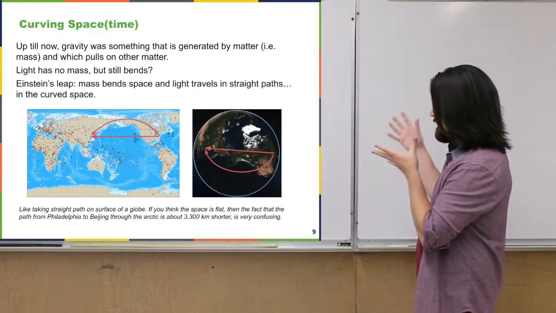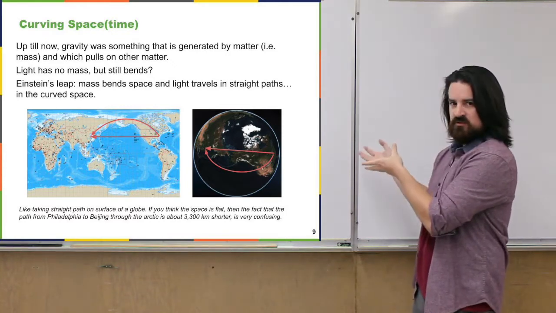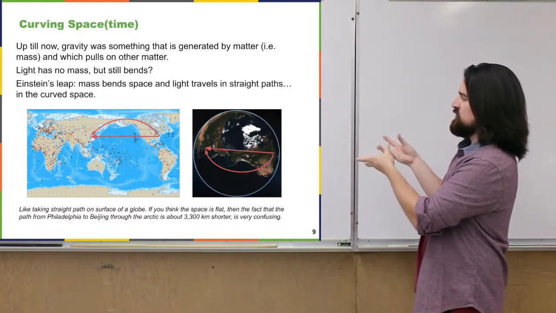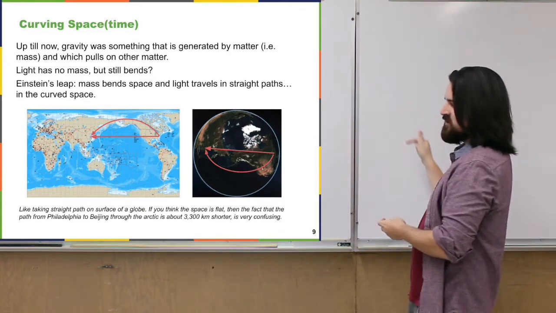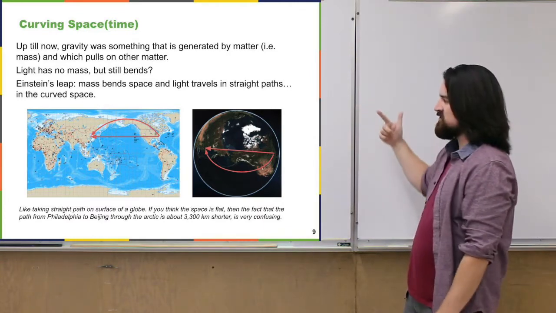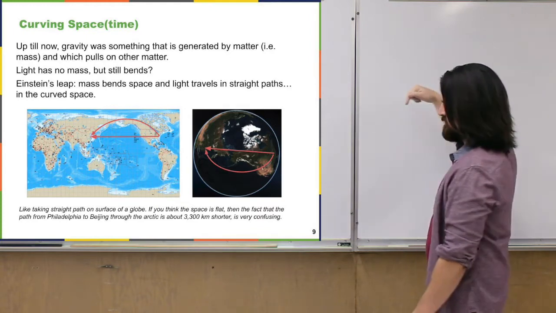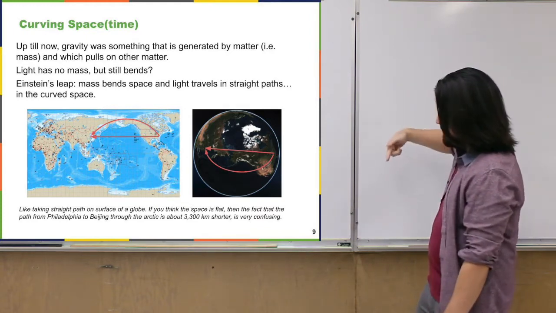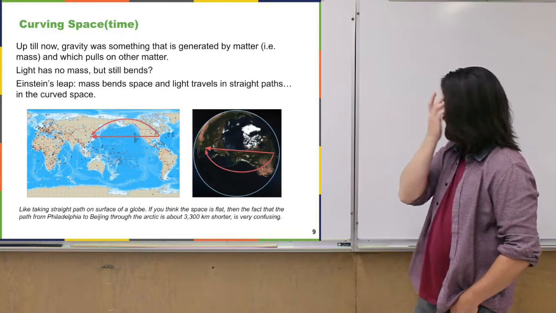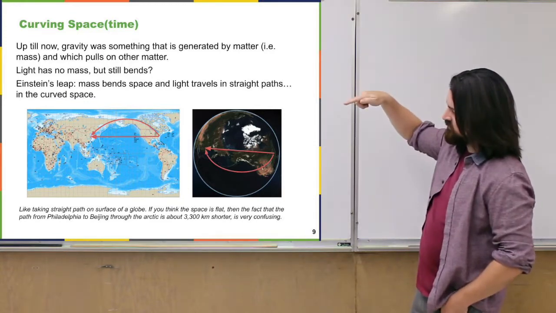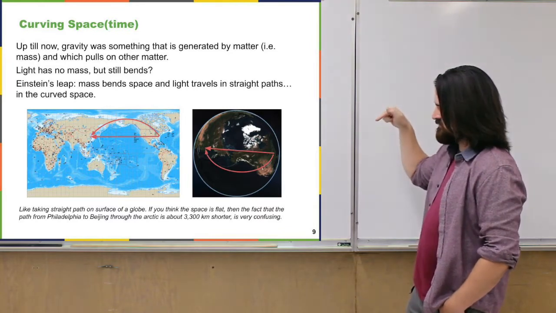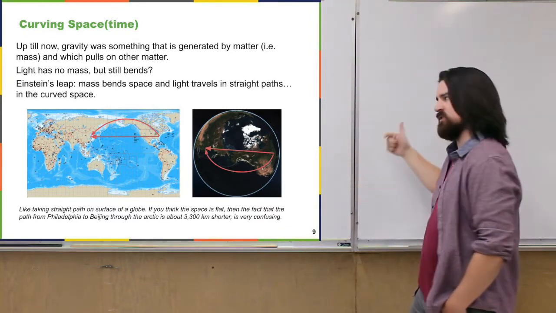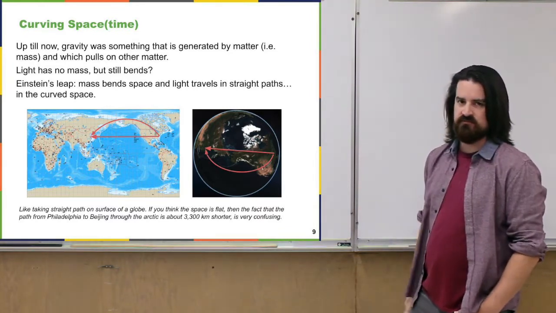However, if we realize that the Earth is a globe, a sphere, and we look at the sphere and draw that path on the sphere, it turns out it is a straight path, a path that doesn't alter its direction as it moves, versus the one that went through the Pacific, which is constantly turning. In fact, the path over Canada and Alaska is about 3,300 kilometers shorter than the one that would go through the Pacific Ocean.